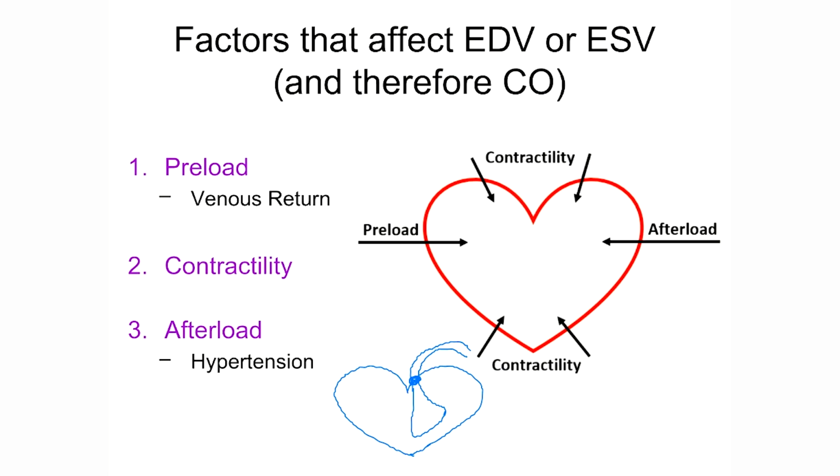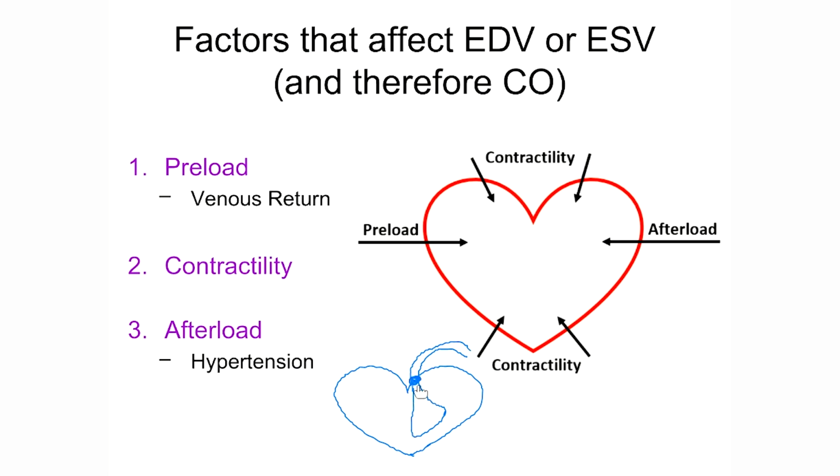It's pressure that the heart is having to overcome in order to move blood from the left ventricle into the aorta. One thing that you should know about blood is it always moves from an area of higher pressure to an area of lower pressure. So if we want the blood in the left ventricle to move up into the aorta, we've got to generate a higher pressure here in the left ventricle than the pressure that's in the aorta.